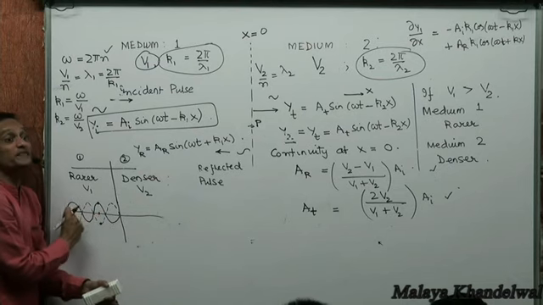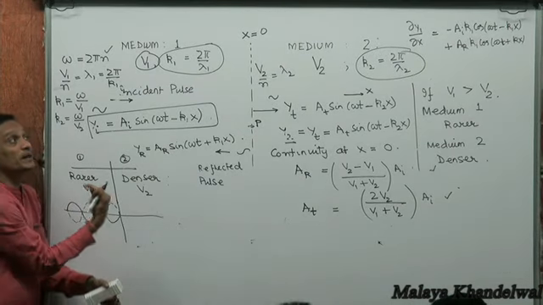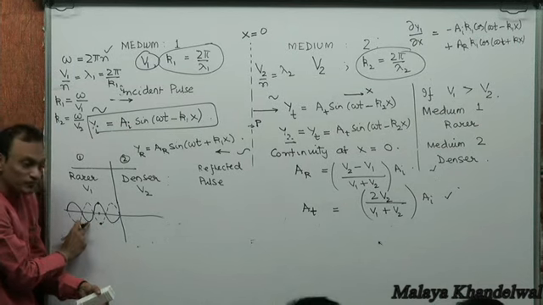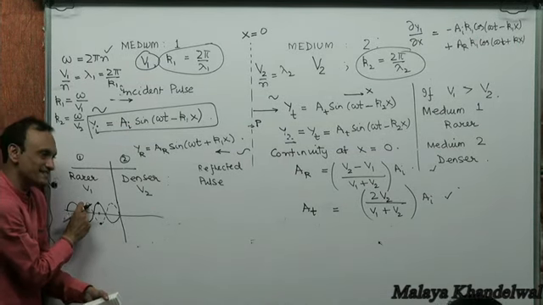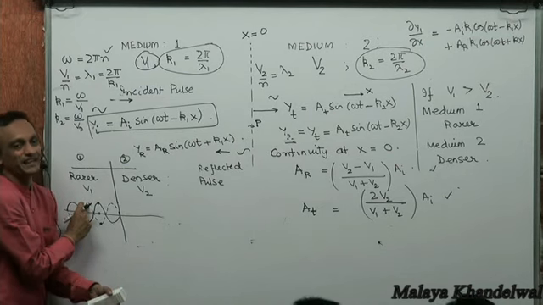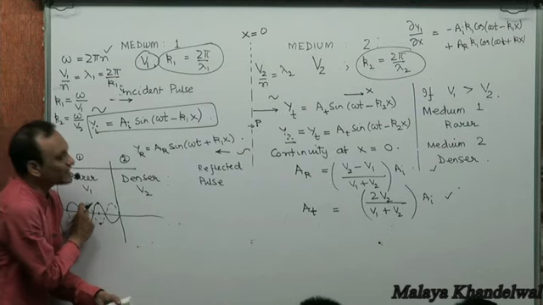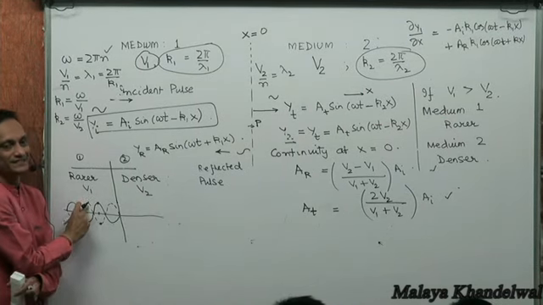So wherever you would have seen a crest in an incident pulse, the reflected pulse would produce a trough. Wherever you see a trough in the incident pulse, the reflected pulse would produce a crest. That is what is meant by an inversion. And 180 degrees change of phase does exactly that.